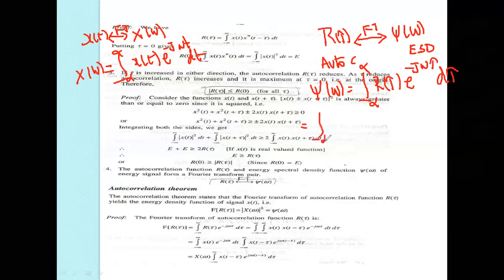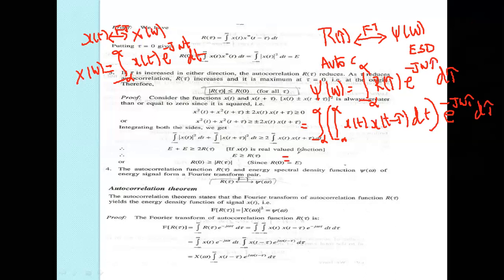As per the definition of the autocorrelation function, it is the integral from minus infinity to infinity of x of t, one signal being the normal signal and the other a delayed version, x of t minus tau, dt. That is the R of tau signal, sorry, e power minus j omega tau d tau.